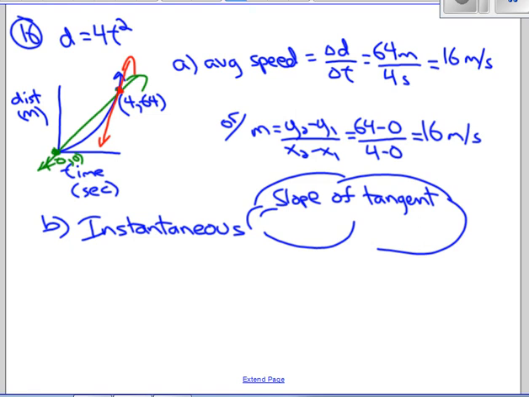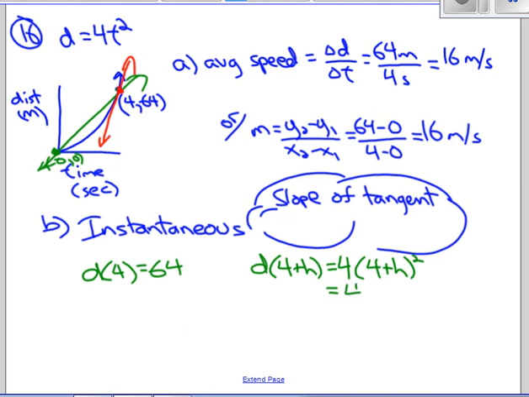Okay, to do this, we need to find d at 4, which would be 64, and d at 4 plus h, which would be 4 by 4 plus h all squared, or 4 by 16 plus 8h plus h squared, or 64 plus 32h plus 4h squared.